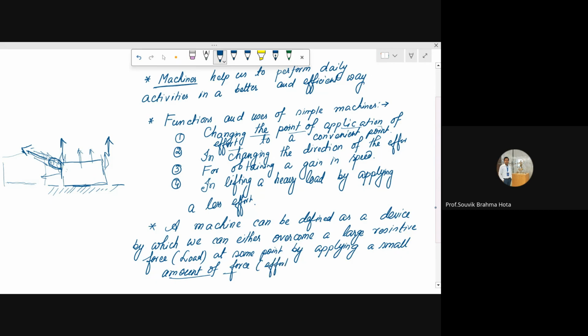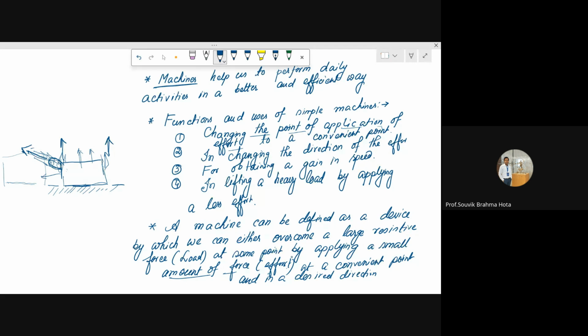This is effort. At a convenient point and in a desired direction.